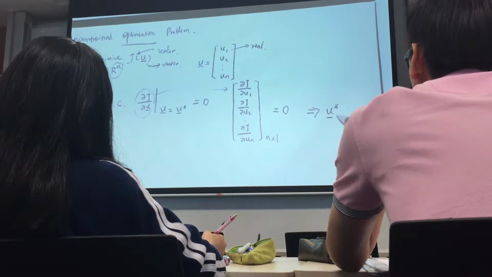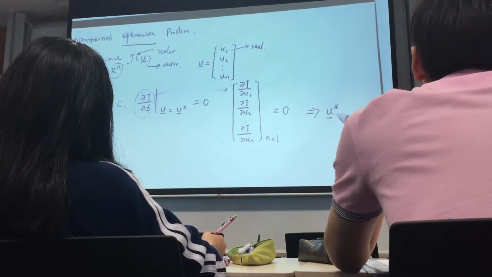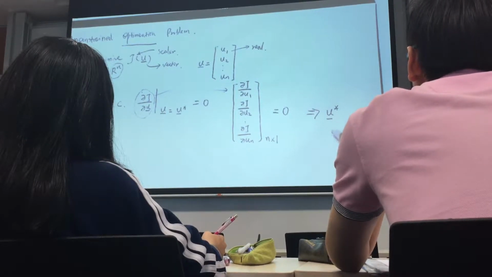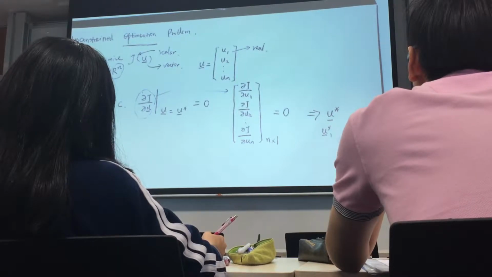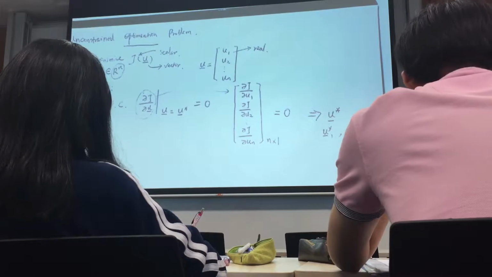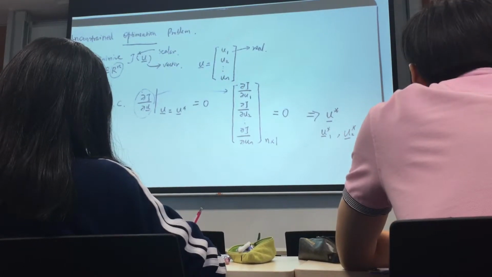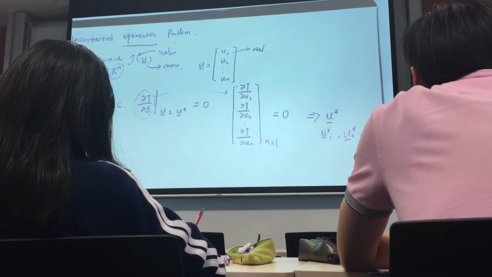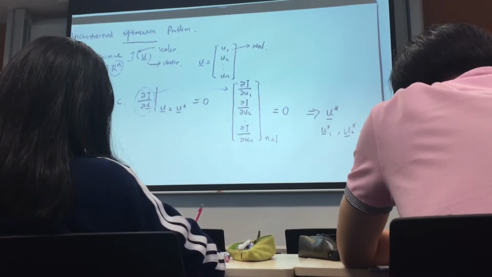One u star means a point in the n-dimensional space. So from here you may solve, for example, u star 1, u star 2, something like this. You may find, for example, m points, u star m.